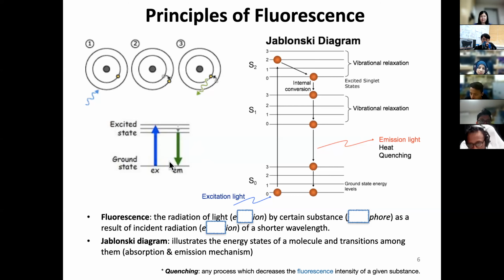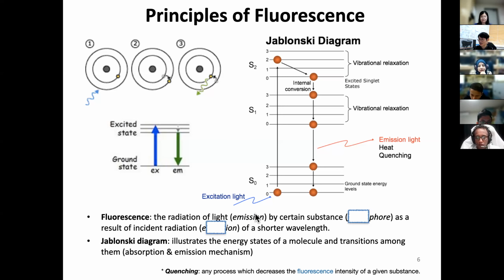Okay, now because of this explanation, let me go through, let's say, Prahanu. Yes, Professor. So we call this fluorescence the radiation of light. I can give you an example, either excitation or emission. Oh, excitation. Oh, sorry.